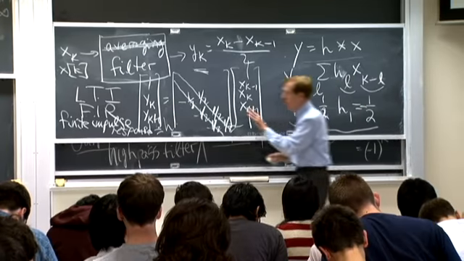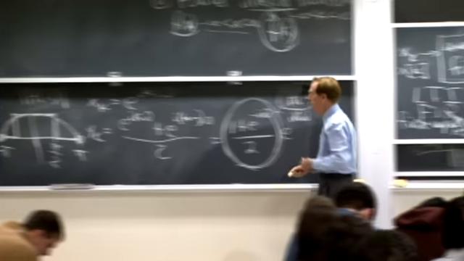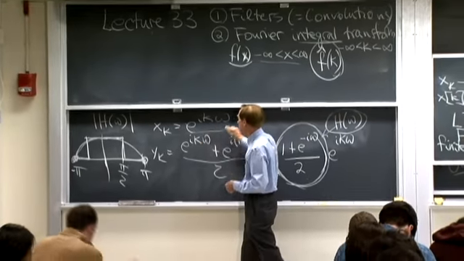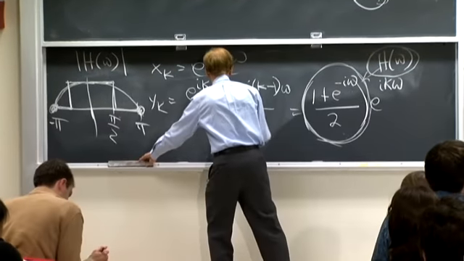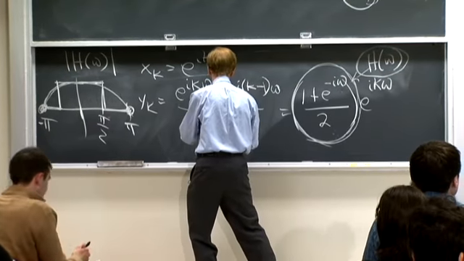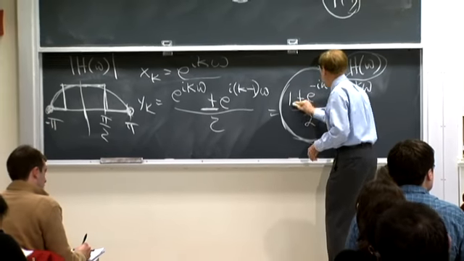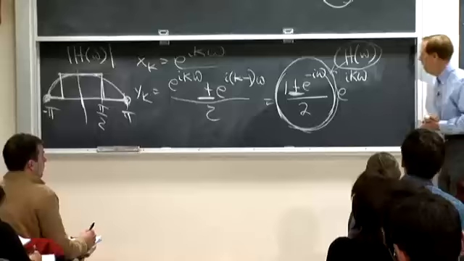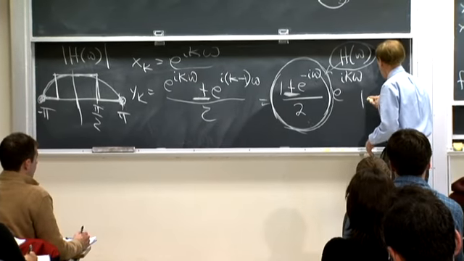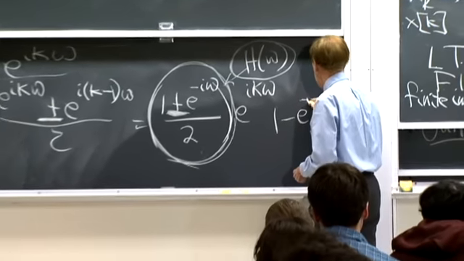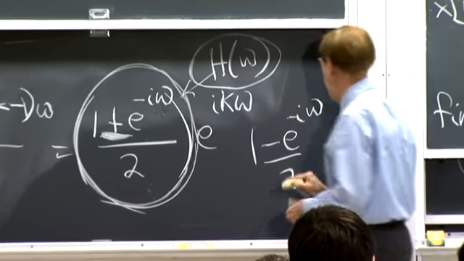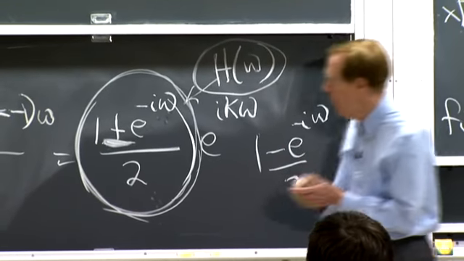So what happens if, in my picture over here, I send in any pure frequency? I'm now doing minus a half here. So I'll just keep the plus, but I'll also add in the minus. Now I'm looking at 1 minus e to the minus i omega over 2. And again, let's plot a few points for that.